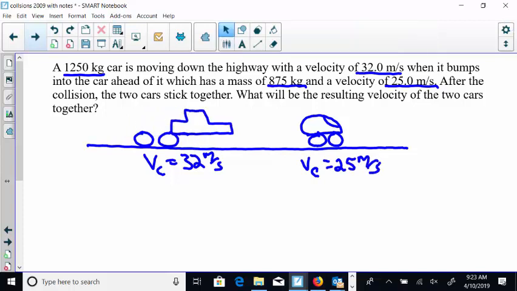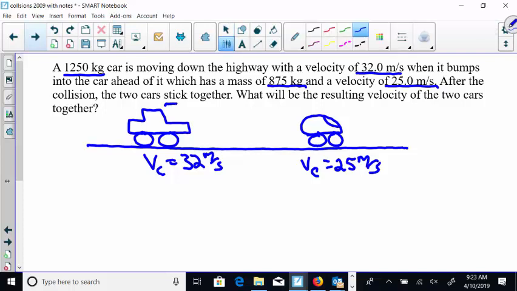So this car could overcome this car and crash into it, apparently without wheels. The two cars are going to stick together, but since they're both moving in the same direction, they are both going to have the same positive velocity. You could flip this and say they're both moving in that direction, but this is the way I chose my world, so that's how we're going to do it.